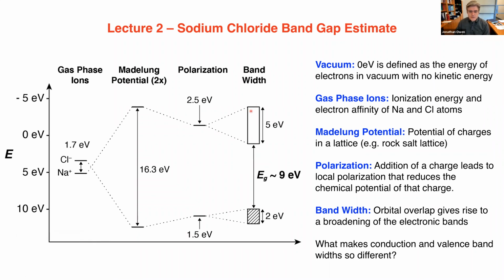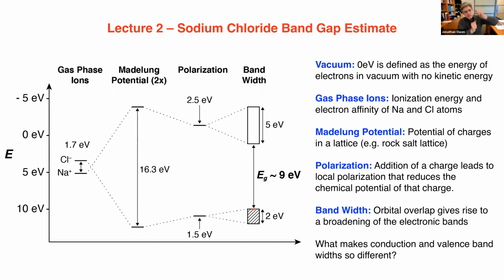These empty orbitals that make up the conduction band of sodium chloride come from the sodium plus ion. So these are 3s orbitals from the sodium ion, and they have a wide bandwidth because s orbitals make good bonds. P orbitals are not as good at covalent bonding. D orbitals, even less. F orbitals, even less. And that changes the bandwidth.